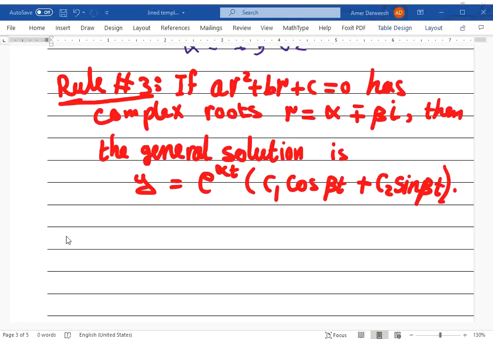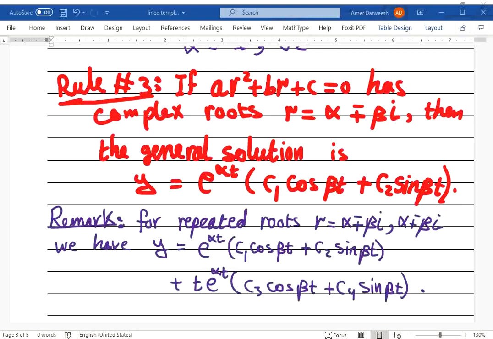وخليني أكتب هلأ ملاحظة مهمة: إذا كان في عندي repeated roots للكومبلكس بتكون على الأقل من الدرجة الرابعة عشان يكون عندي two roots and repeated two other roots. إذا الفاكت تحكي كما يلي: for repeated roots r equals alpha plus minus beta i, alpha plus minus beta i. زي ما حكينا هاي على الأقل لازم تكون من الدرجة الرابعة.